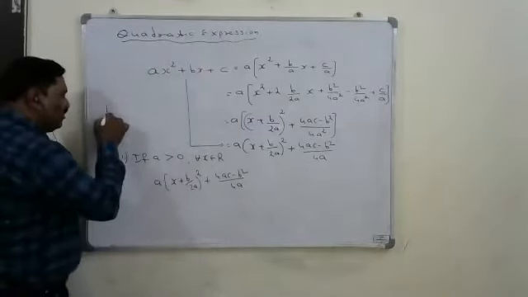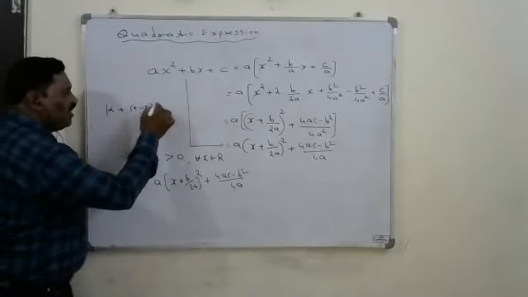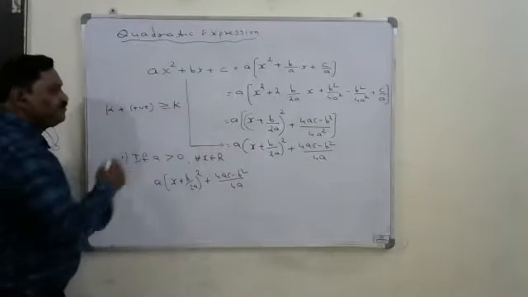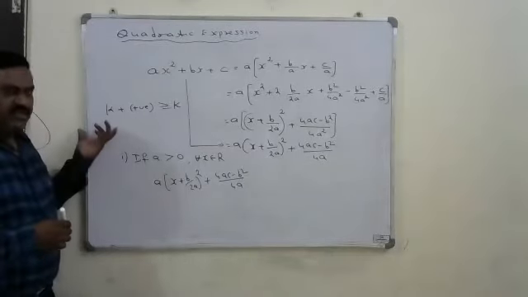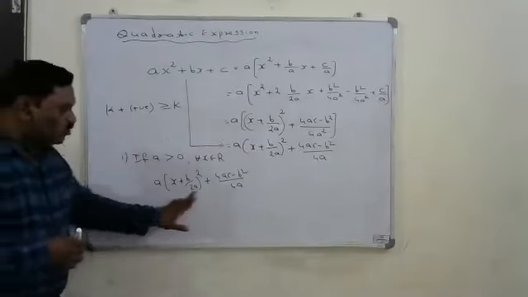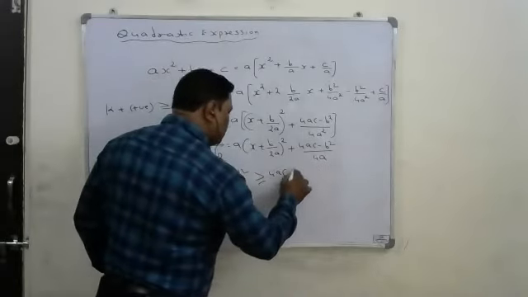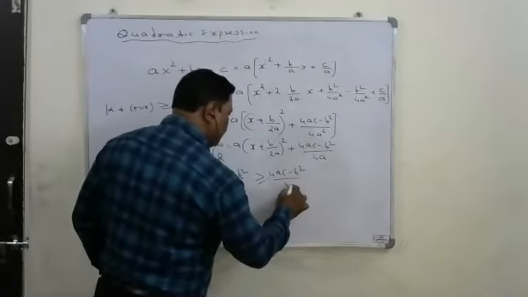Suppose there is a k; if I add some positive value to this k, the total value will be more than k, right? So for this also I am adding some positive value, which means this total value is greater than or equal to (4ac minus b square) by 4a.